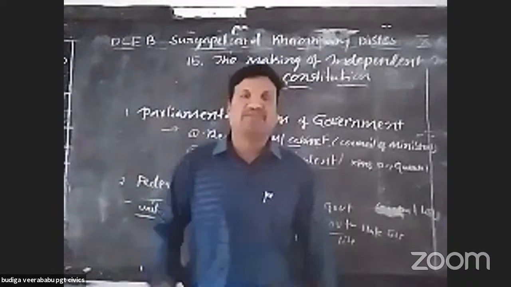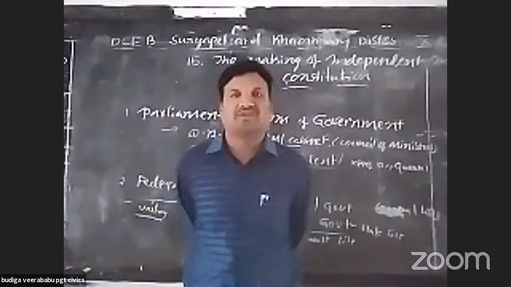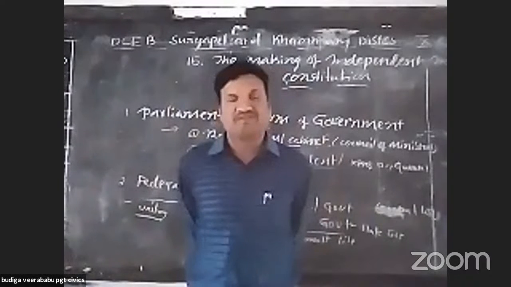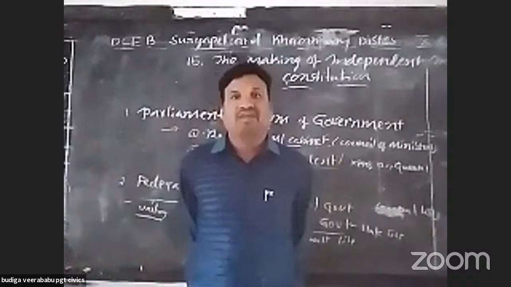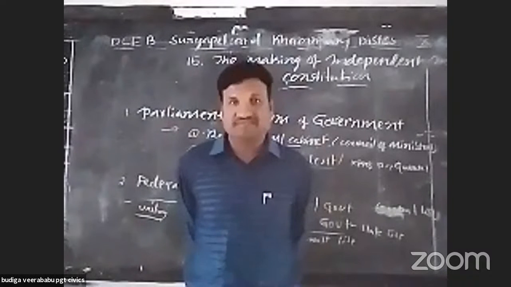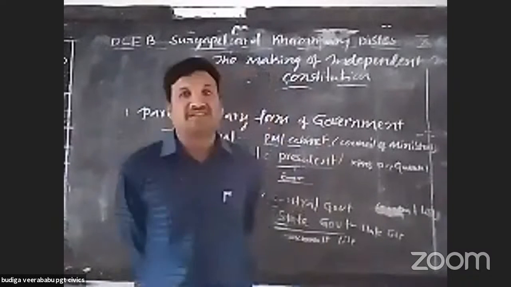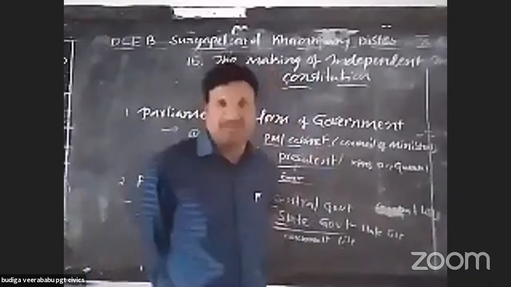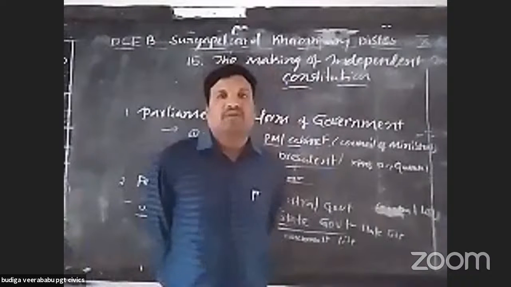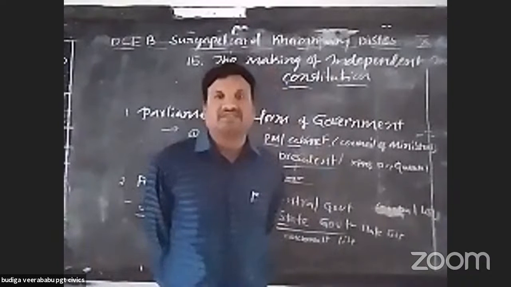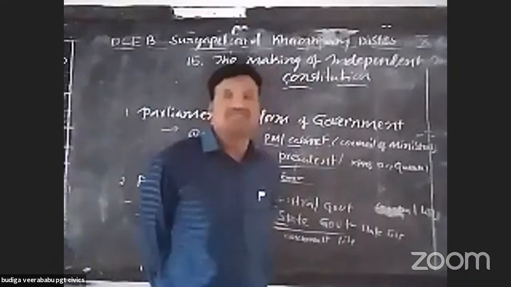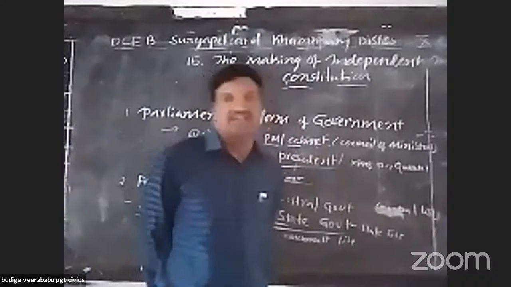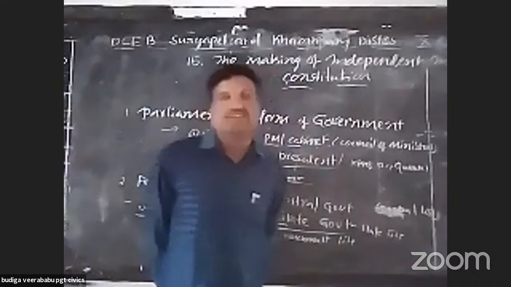The constituent members adopted the federal system from the American Constitution and the Canadian Constitution, and the parliamentary system from Britain. But here, what experiments were done by the constituent assembly members, especially the drafting committee, and what was the explanation by Baba Sahib Ambedkar to adopt these systems as a parliamentary system, a federal system, and a unitary system?